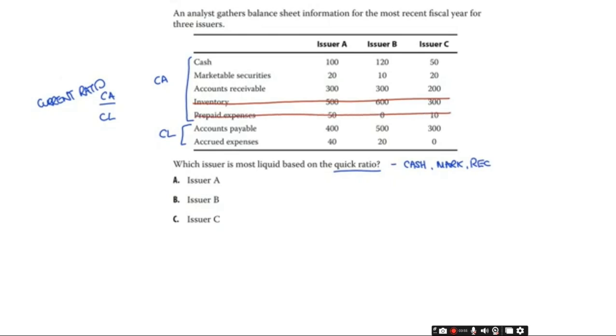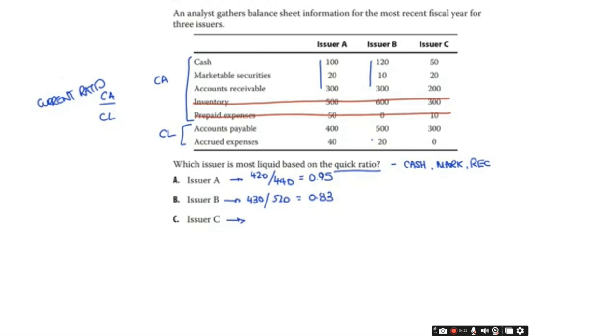If you do that for company A, you will get their current assets less inventory and prepayments of 420, over current liabilities of 440, 0.95. For B, 430 over 520 liabilities is 0.83. A is winning at the moment.